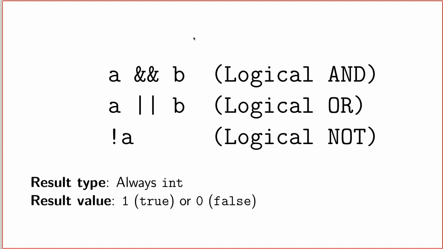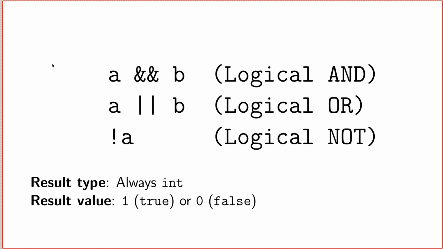So logical and is represented by 2 ampersands, which shouldn't surprise us. So what we use for logical or is this. This symbol here is a vertical bar. You can probably get it because you have a key on your keyboard that looks sort of like this. It's the backslash. Pressing shift and backslash probably gives you the vertical bar that you want. Sorry if the drawing was sort of bad.